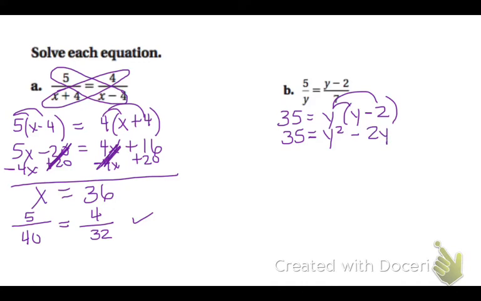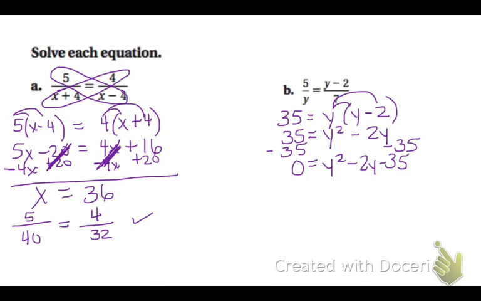At this point, we're going to start solving, and we're going to start by subtracting 35 from both sides so that we can get a quadratic equation equal to 0, factor it to find the zeros using the zero product property. So we'll subtract 35 from both sides, and we'll get 0 is equal to y squared minus 2y minus 35.